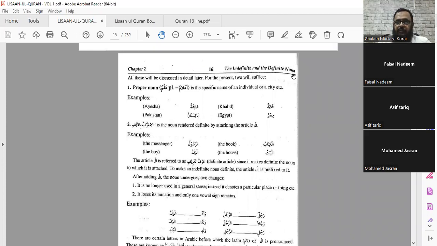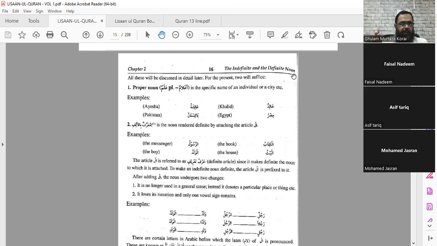Alam is the name of a particular person like Khalidun, Aishatu, or the name of a particular place like Misr, Pakistan. Number two, any noun that is an-nakiratu can be made al-ma'rifatu by adding alif lam, which is known as mu'arraf bil lam, like al-kitabu, ar-rasulu, and baytun, home, al-baytu.